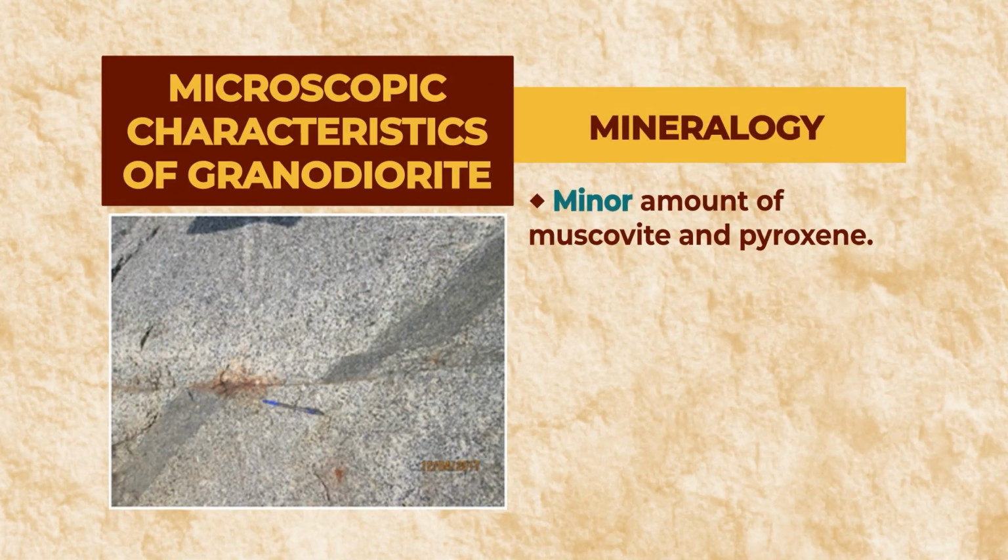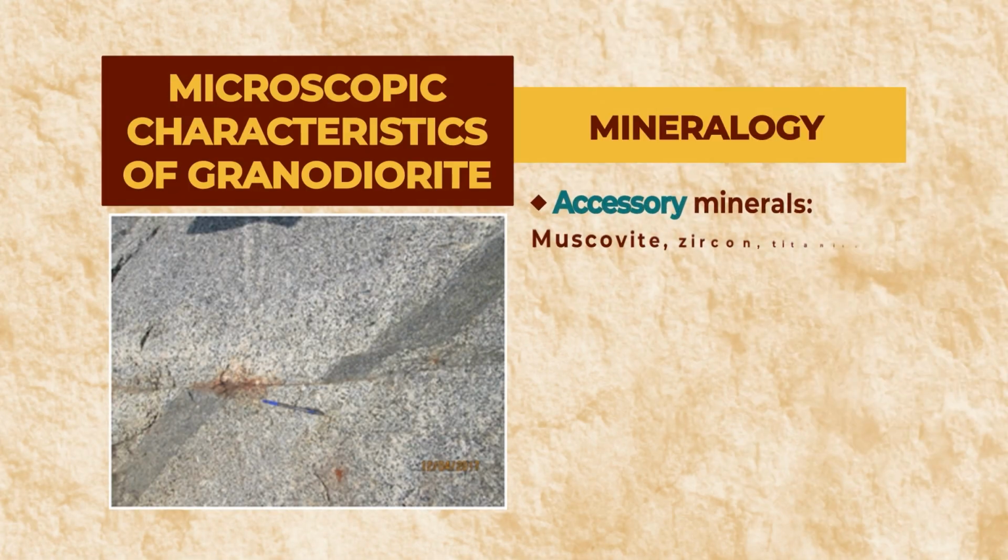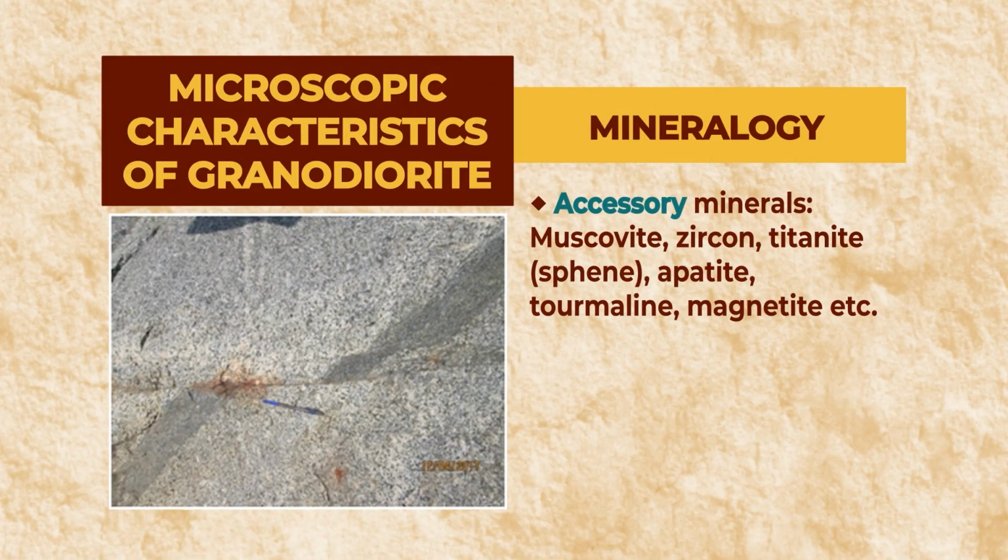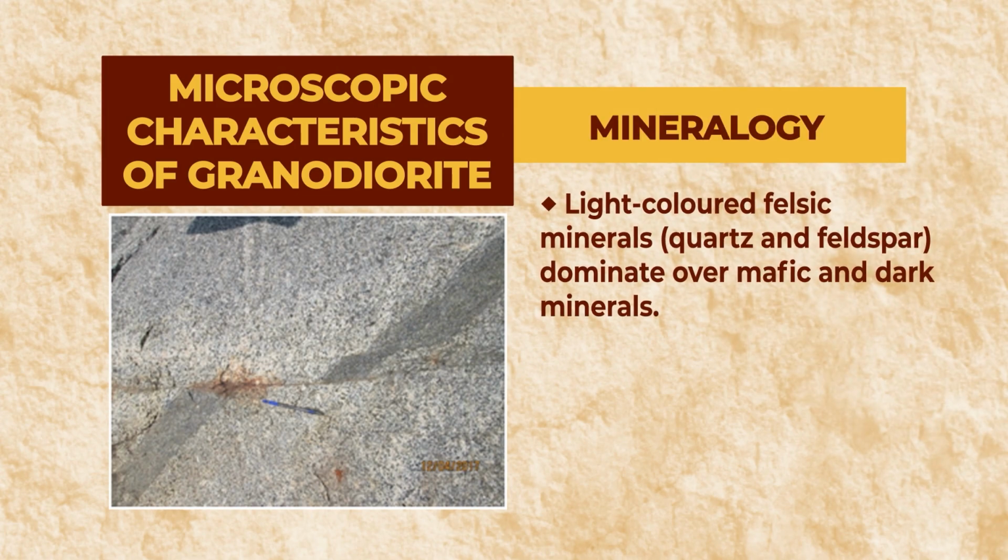A minor amount of muscovite and pyroxene is also seen in granodiorites. The accessory minerals in granodiorite include muscovite, zircon, titanite, apatite, tourmaline, magnetite, etc. Light-colored minerals like quartz and feldspar dominate over the mafic and dark-colored minerals.